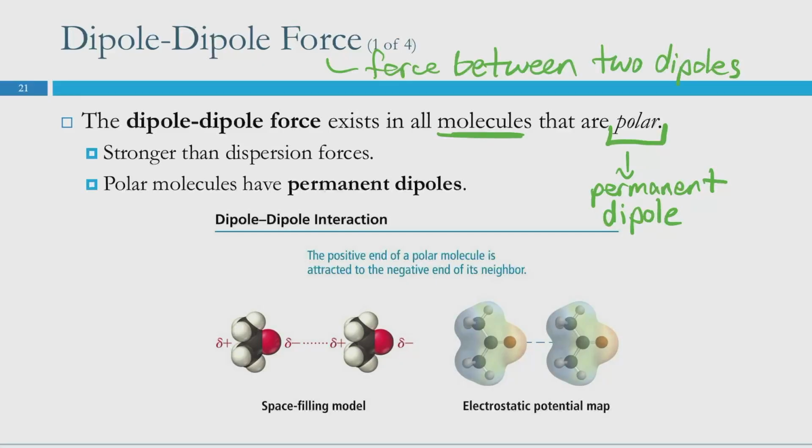It is stronger than dispersion forces. The way that my brain thinks of it is it's always around. I don't know what the actual magnitude of the charges is. I'm sure there's numbers out there. But it's always around, and so over time, you're going to average out to having stronger forces, even if they're the same magnitude of charge.